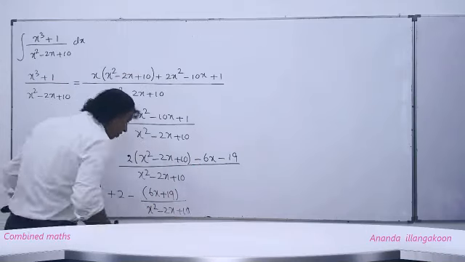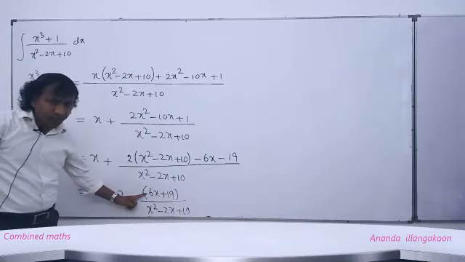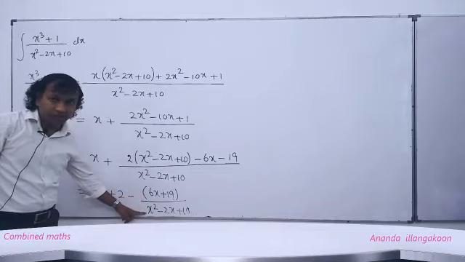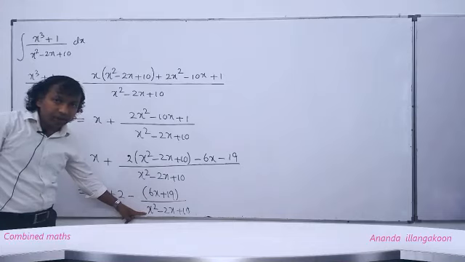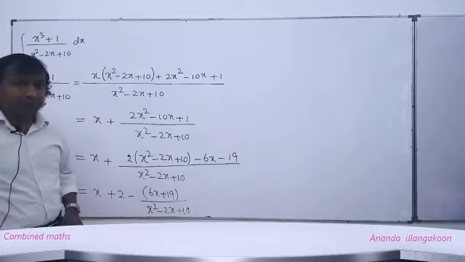Now, what is this? Numerator first degree polynomial, denominator quadratic function. Then you know how to do this now. We first write the derivative of this denominator at the numerator and keep doing this.